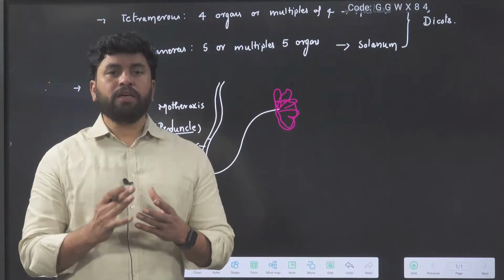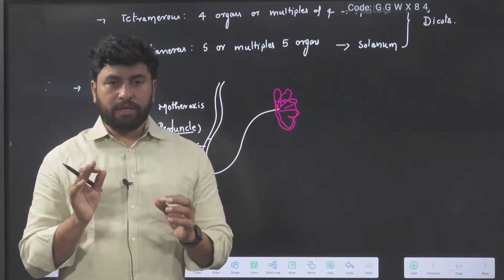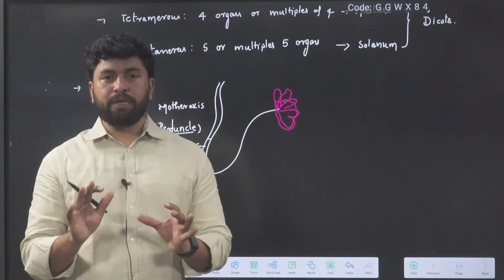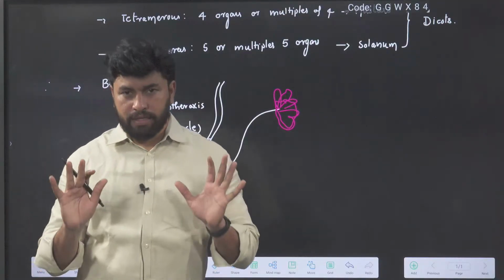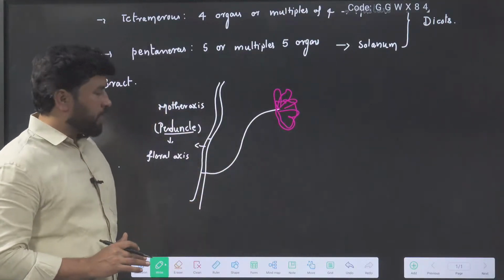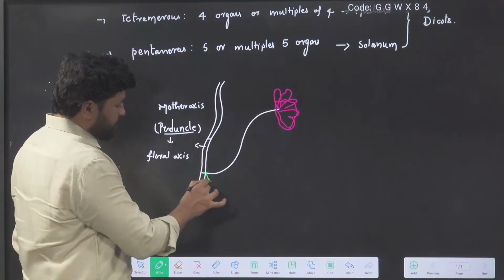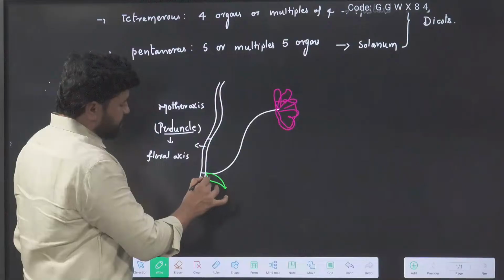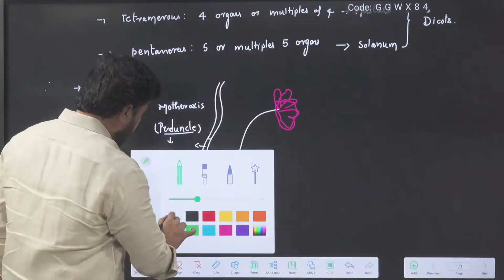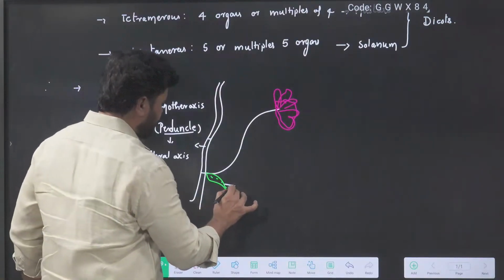Usually, on the inflorescence axis, at the nodal portion, there is development of flowers. At that nodal portion, there is a small reduced leaf-like part.